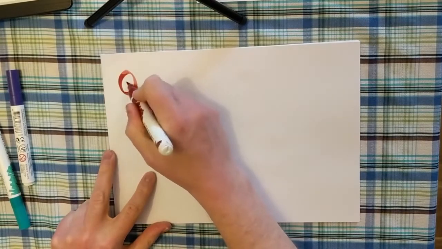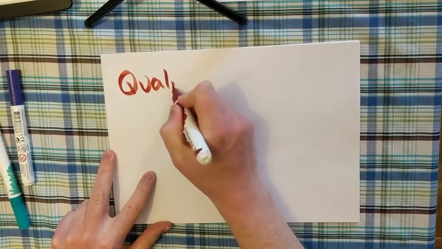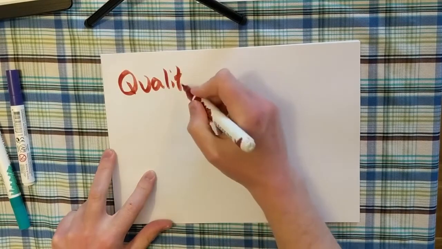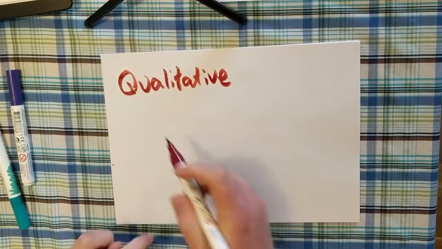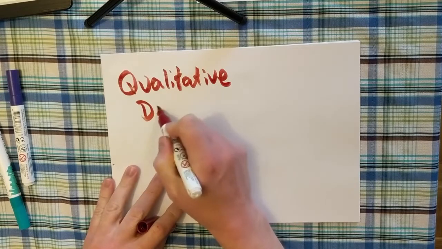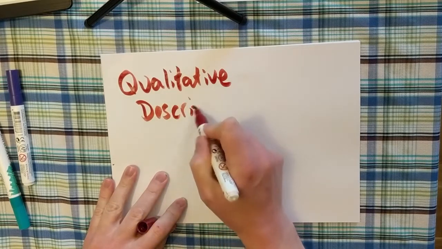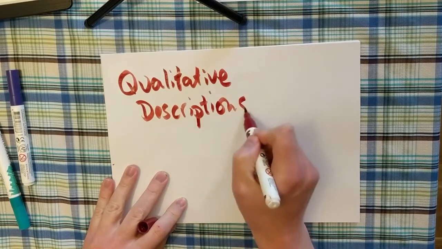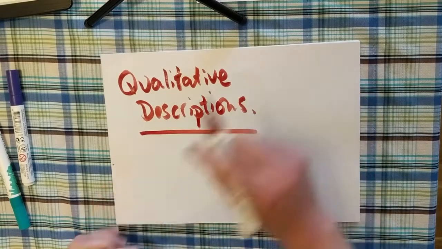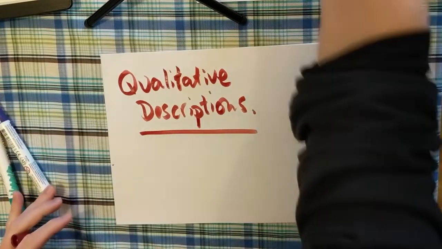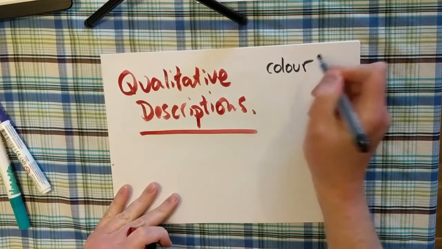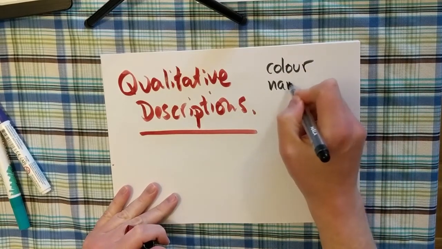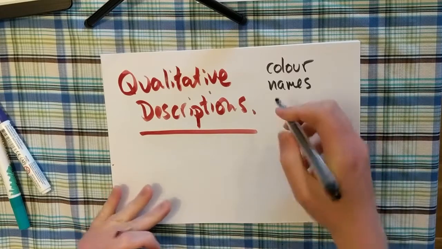So we have qualitative. Spelling is going to be my strong point. And those are descriptions. For example, you could have, use a smaller pen, you could have colour, or names, or countries.